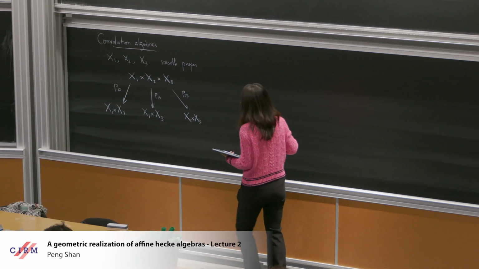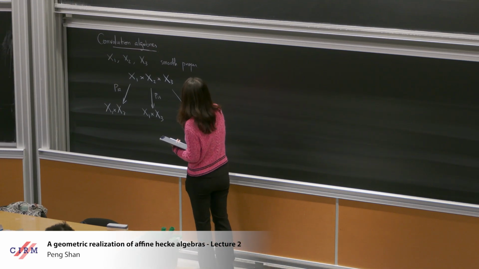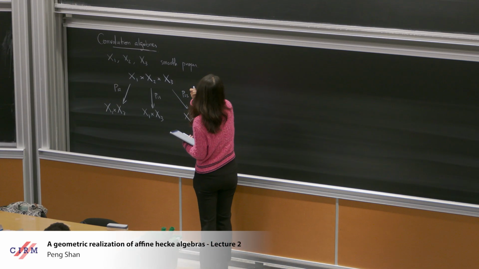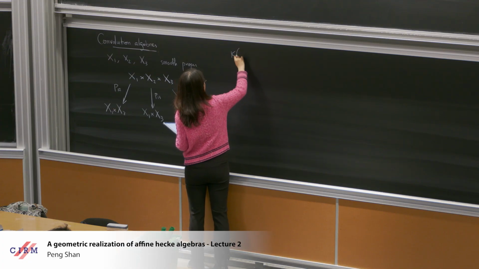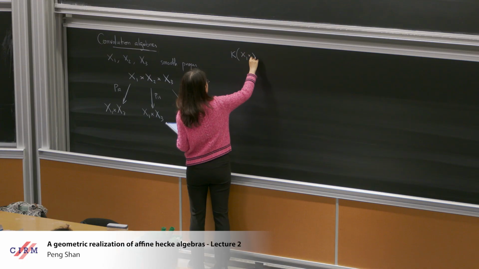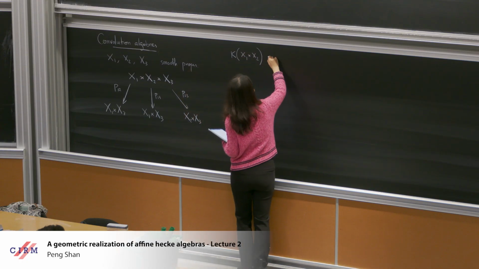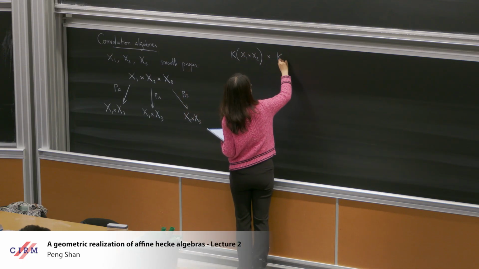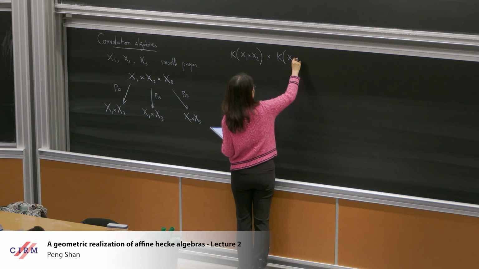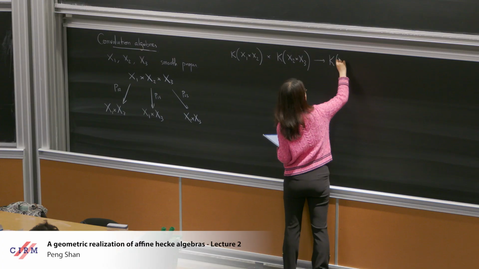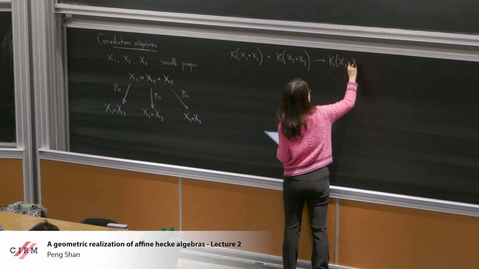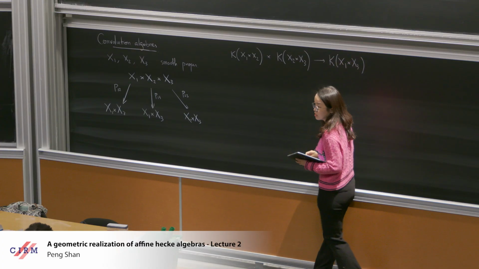Using the operations we have defined, we can get a map from the K-theory of X1 times X2 times the K-theory of X2 times X3 to the K-theory of X1 times X3.